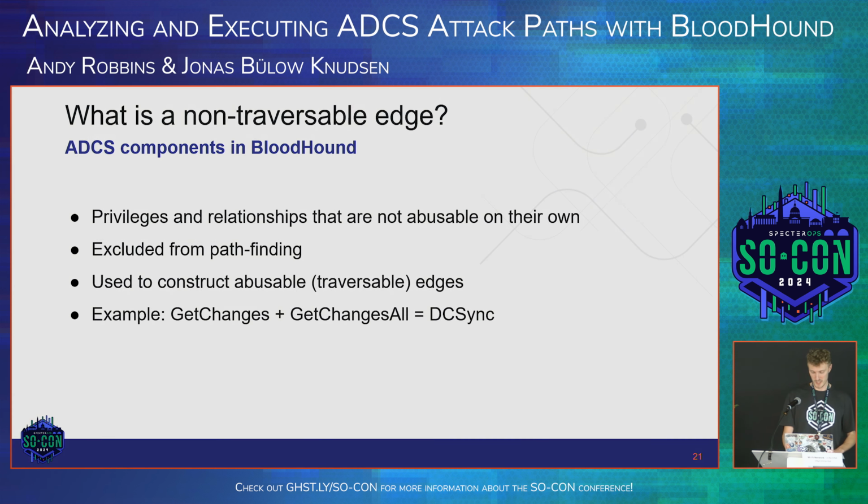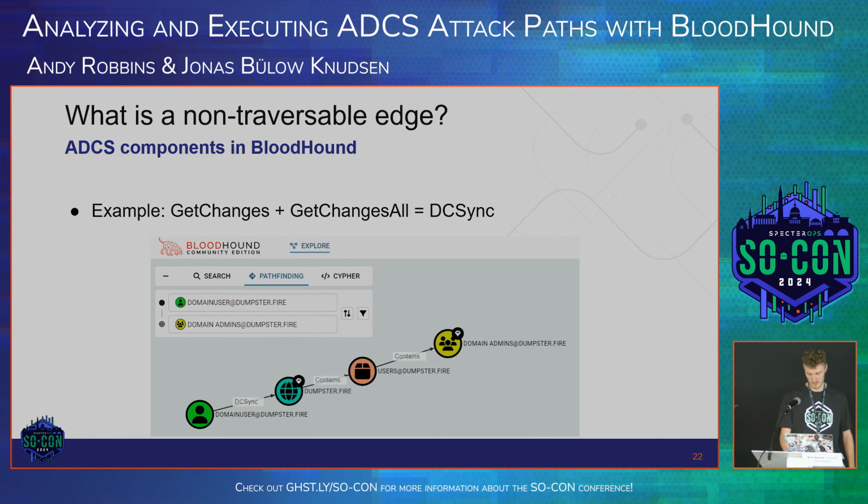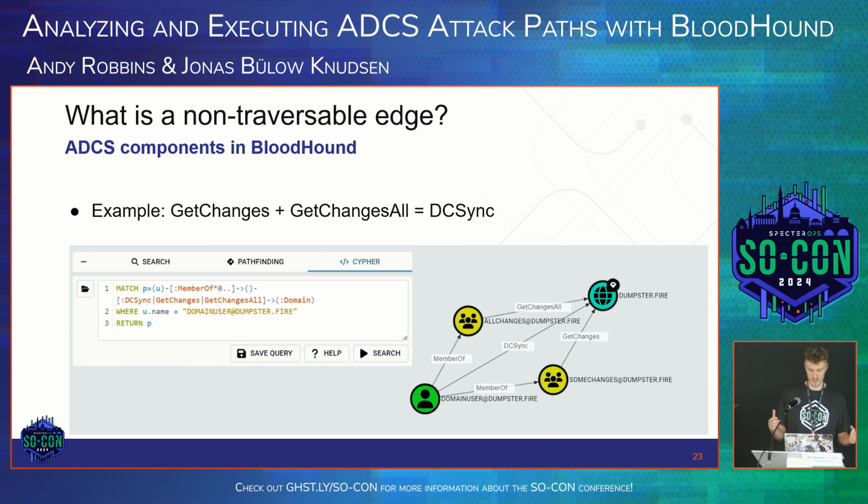So when you search for an attack path like this, you might see that your user has a path to the domain that includes a DCSync edge, but under the hood, what we are creating are these GetChanges and GetChangesAll edges from the principals that actually have these permissions in AD.